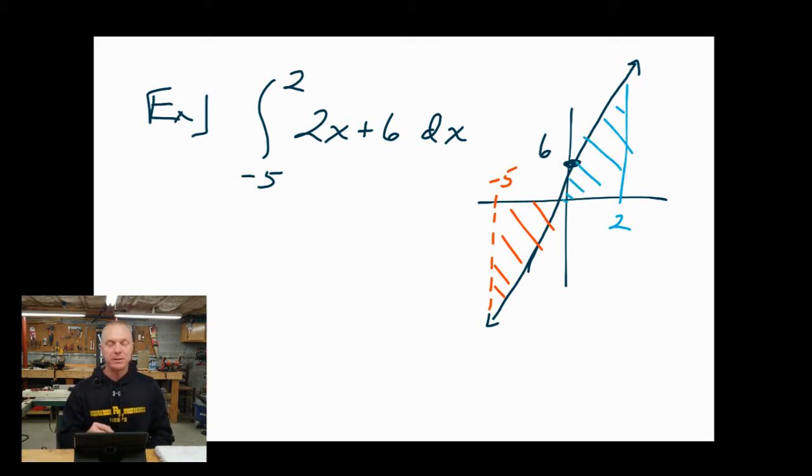Now, there's a point that we haven't found yet that turns out to be maybe the most important point for this particular problem. You'll learn as we do more problems that the x-intercept is very, very important. Maybe you can see the x-intercept on your calculator, but think about plugging a 0 in for y into this equation.